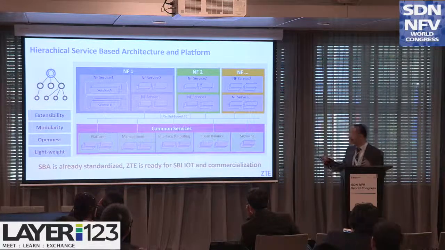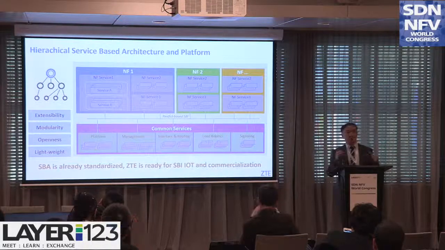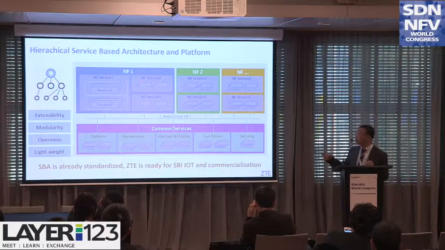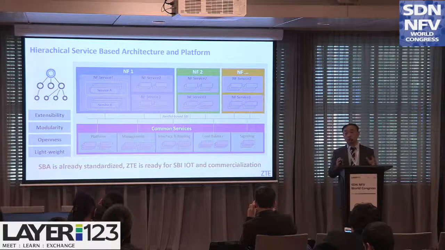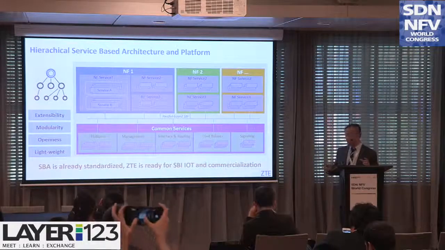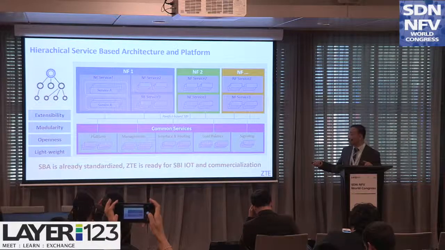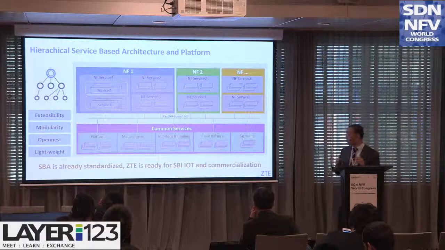Of course, the network functions will fulfill the 3GPP AMF, UDM, SMF functions, but we want to expand those functions to support 3G and 4G functions as well. The SBA architecture is already standardized, and ZT is now ready for SPI, IoT, and commercialization.